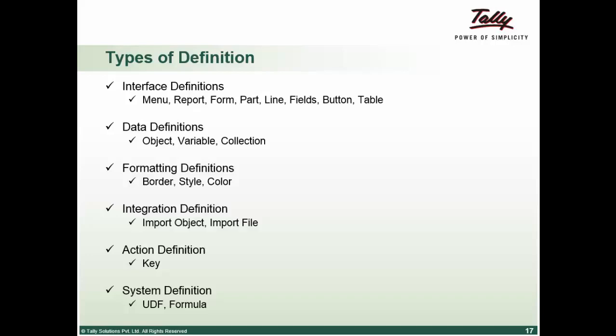But the existing system definitions cannot be modified. Under system definitions, we have system variables, system formulas, system UDFs, right? So when we are going to use this, we will be doing them in detail. Now, these are the definitions. So these are the main broad outline of the definitions.